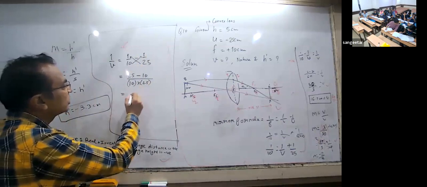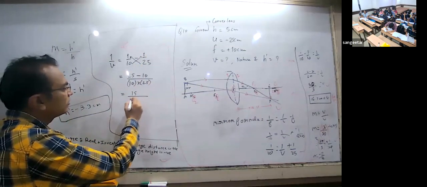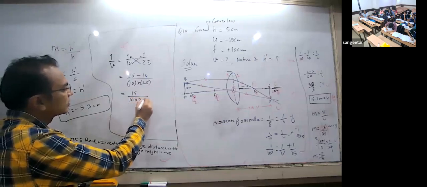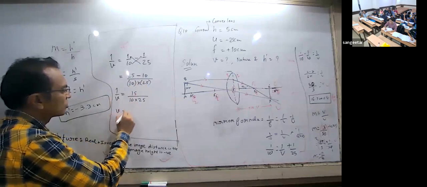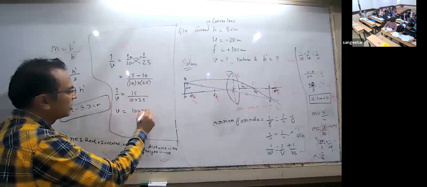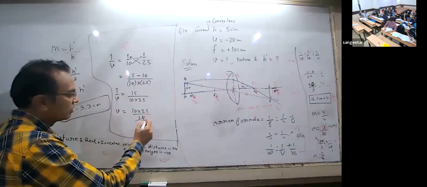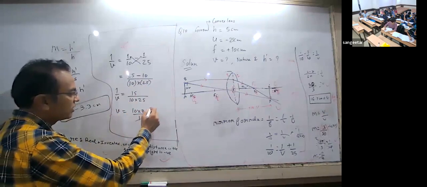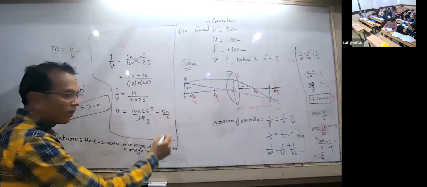Now 25 minus 10 is 15. 10 into 25, just leave it as it is. This is 1 by V. Take the reciprocal. So the reciprocal is 10 into 25 divided by 15. Now cut it. 5 3s are 15, 5 5s are 25, 10 5s are 50, divided by 3.